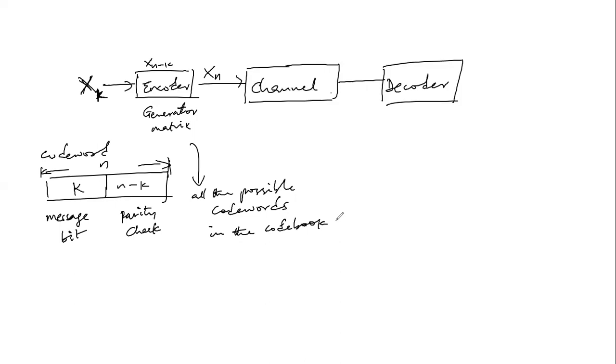Now, in the decoder, we are expected to recover the transmitted symbol, so that R will be the same as S_k.